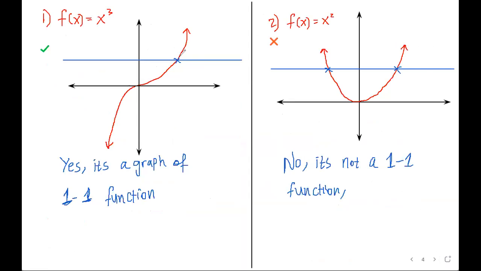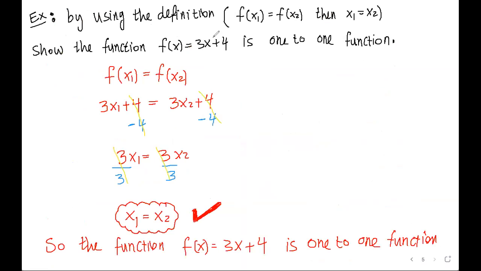If the horizontal line intersects the graph of the function at one point, I say this is the graph of a one-to-one function. But if the horizontal line intersects the graph at two points, this means not a one-to-one function. Then I gave you an example using the definition, how to check this function is one-to-one, and I found this function is one-to-one. Now I'm going to the next part of this section, the inverse.